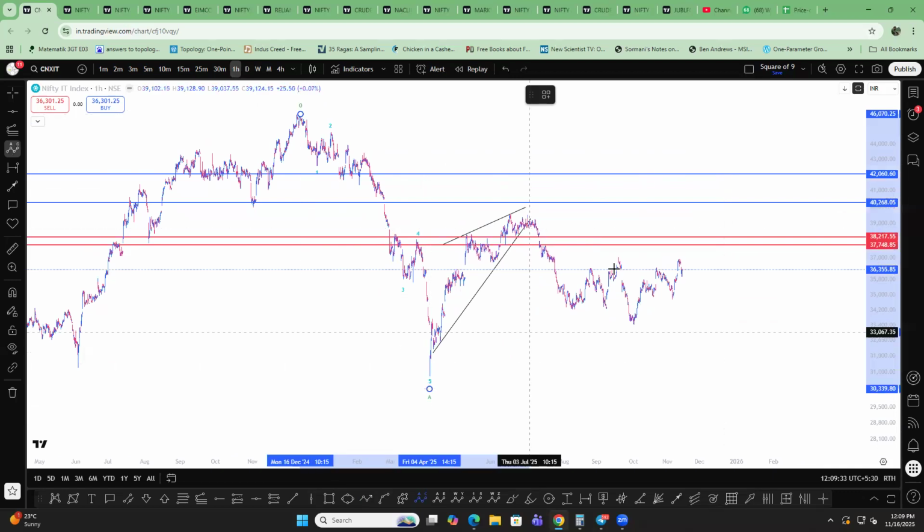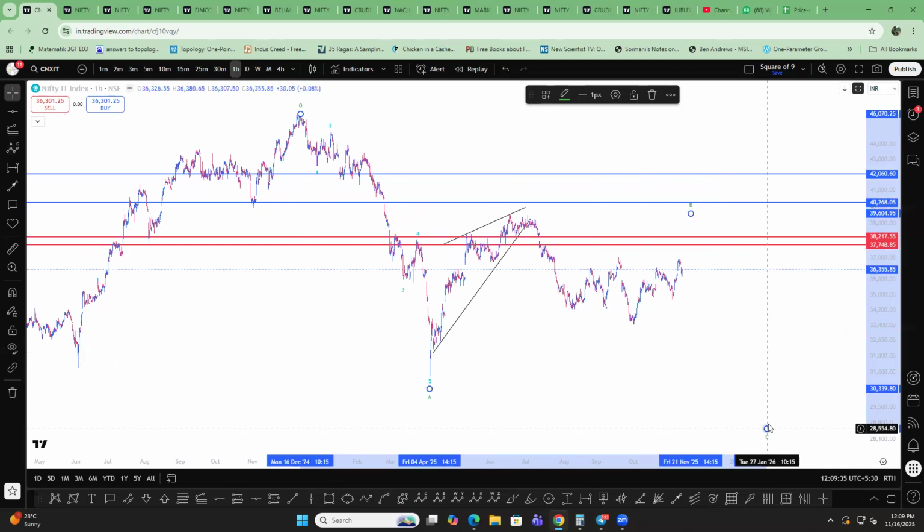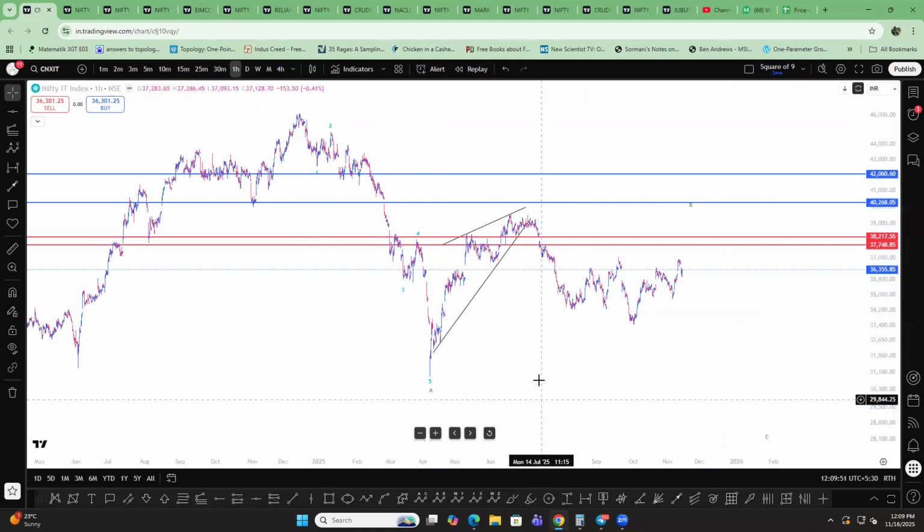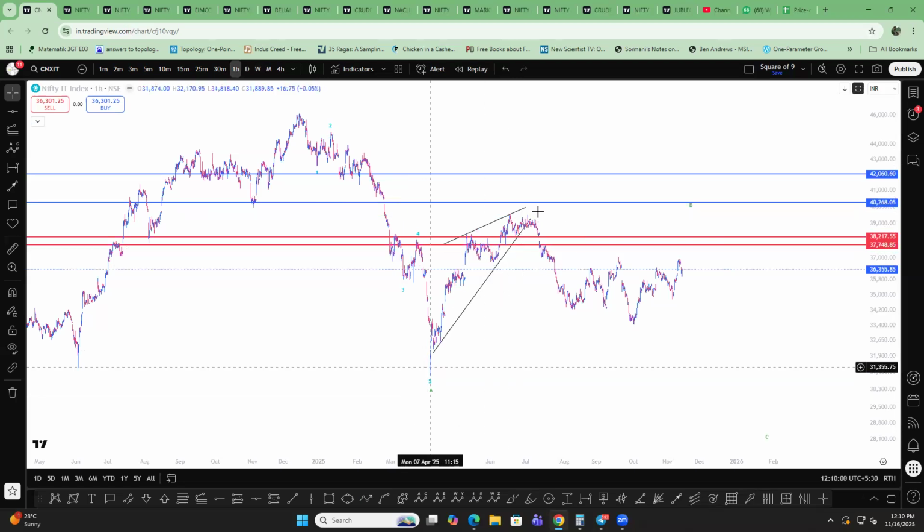Every correction is of three waves. So this is 1, 2, 3, 4, 5, completing the first leg of the correction. Hence, we have marked it as wave A. Then these are all corrective bounces.